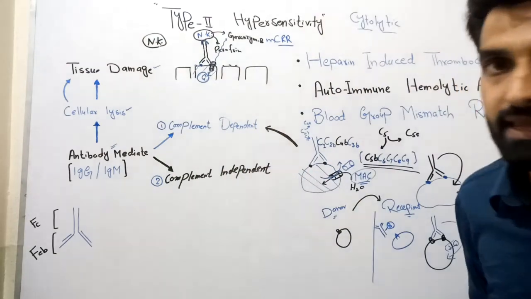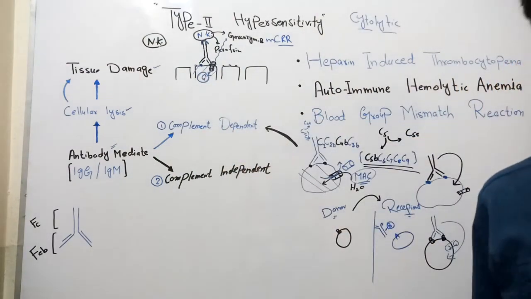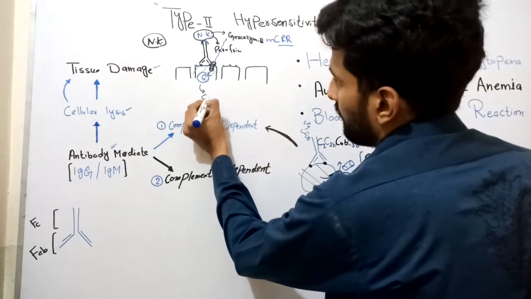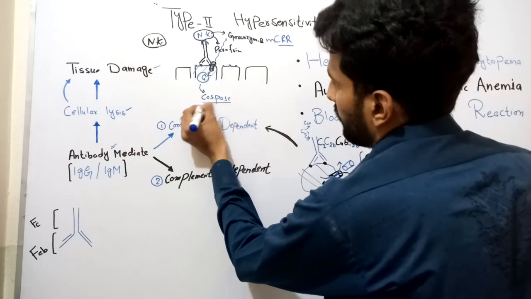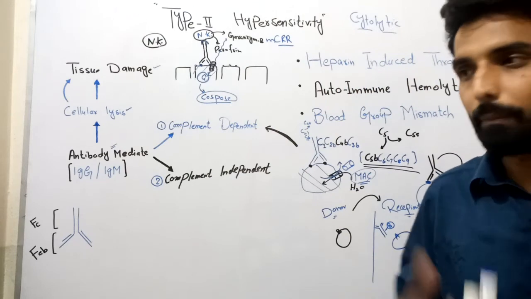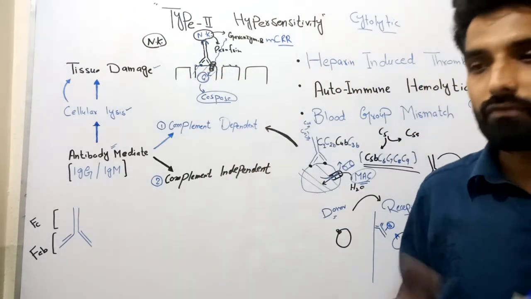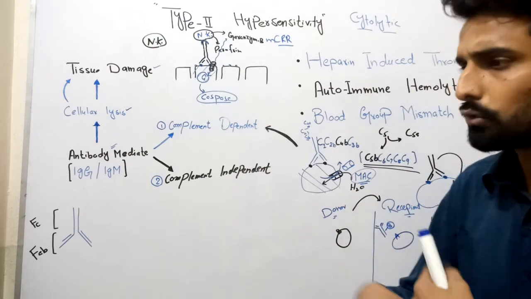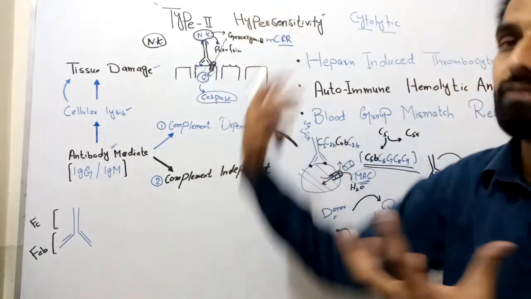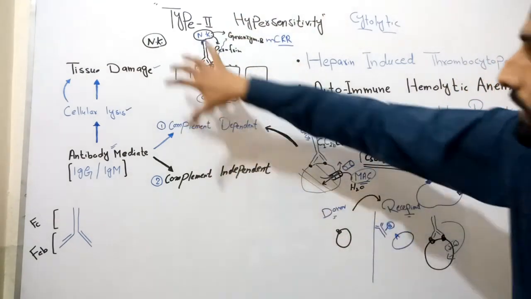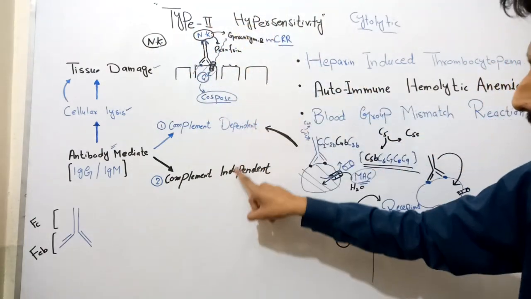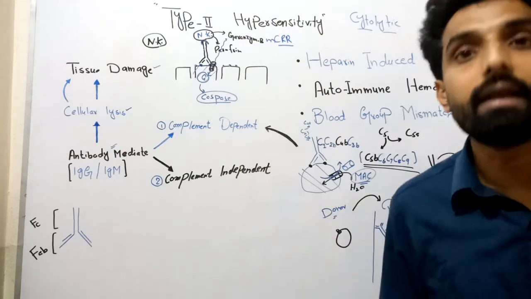And once granzyme B has entered inside the cell, it will cause the apoptosis of the cell. How? It will basically activate the caspase proteins. And you know that caspases are those proteins which can cause the breakdown of the cytoskeleton proteins of the cytoplasm and of the nucleus. So automatically apoptosis will take place, so the cellular destruction will take place. So in this pathway, natural killer cells are involved, but the complement system is not involved. So this type of damage will be called the complement independent pathway.